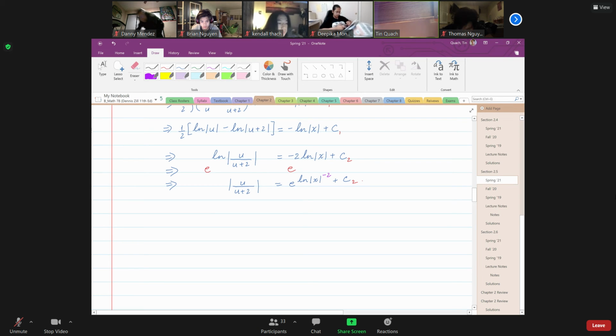Now I can get rid of the absolute value on the left, so I should have a positive and a negative.